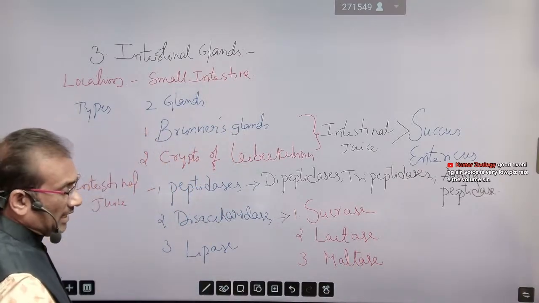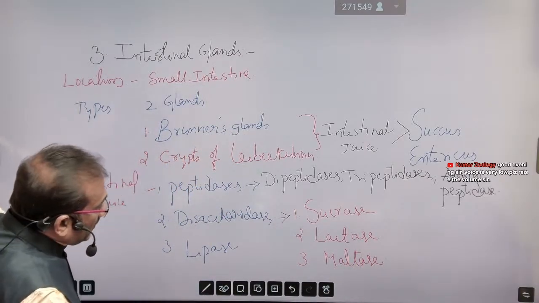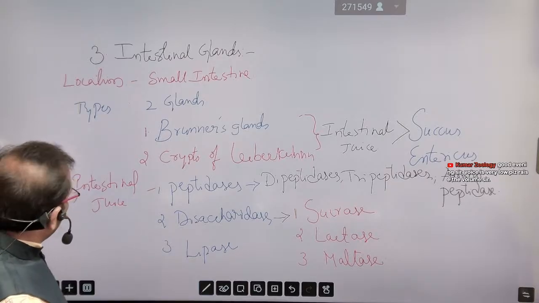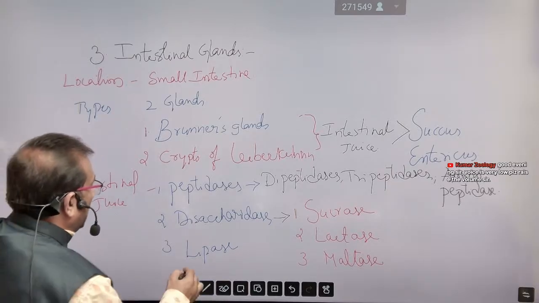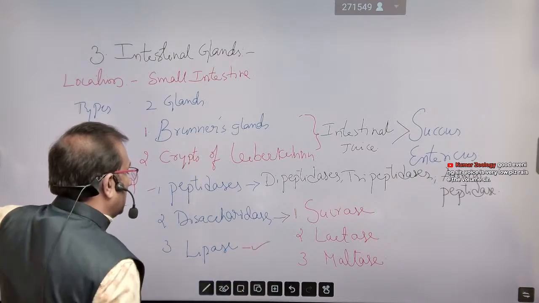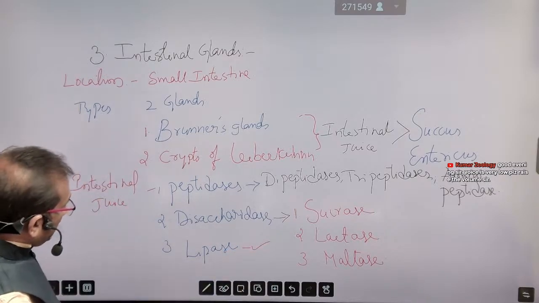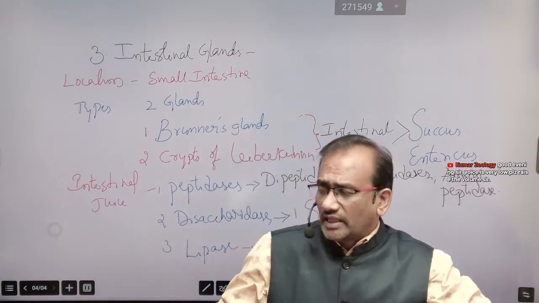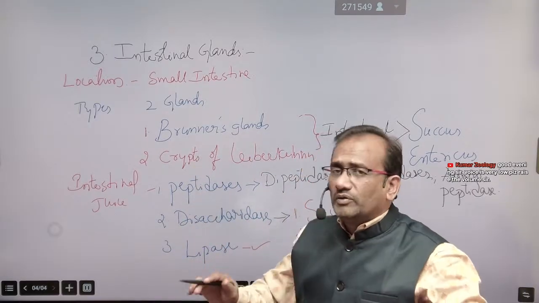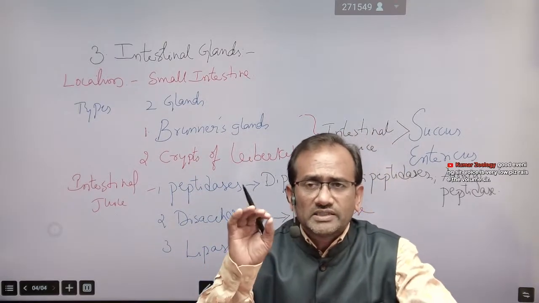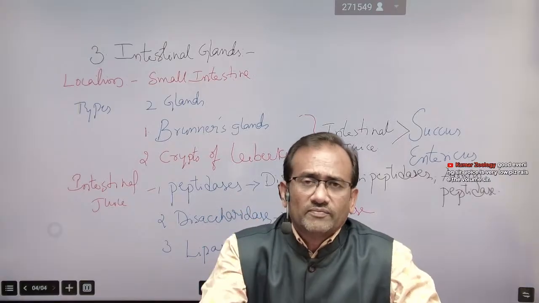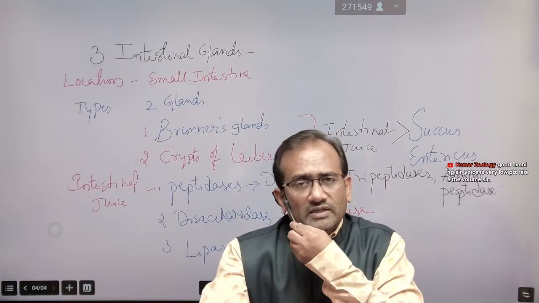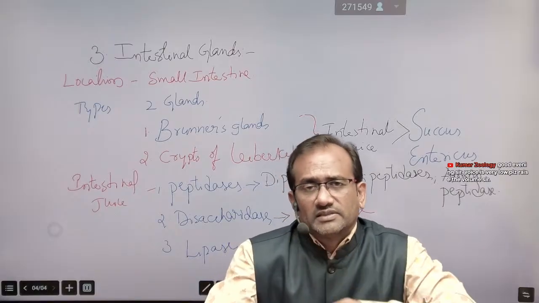Sucrase, lactase and maltase are the three enzymes present in the disaccharidases. And lipases, the lipid digesting enzymes, are called lipases. All these are collectively known as intestinal juice, which is also known as succus entericus.